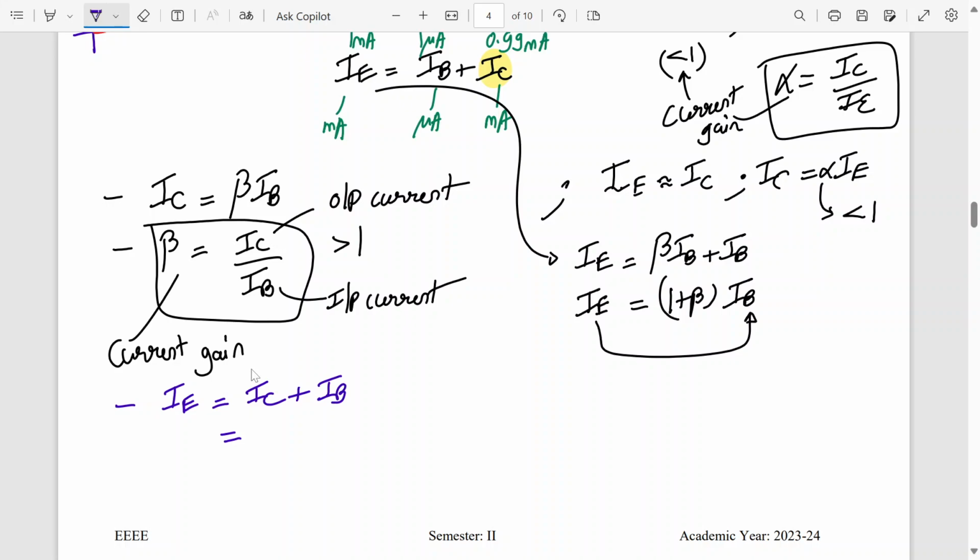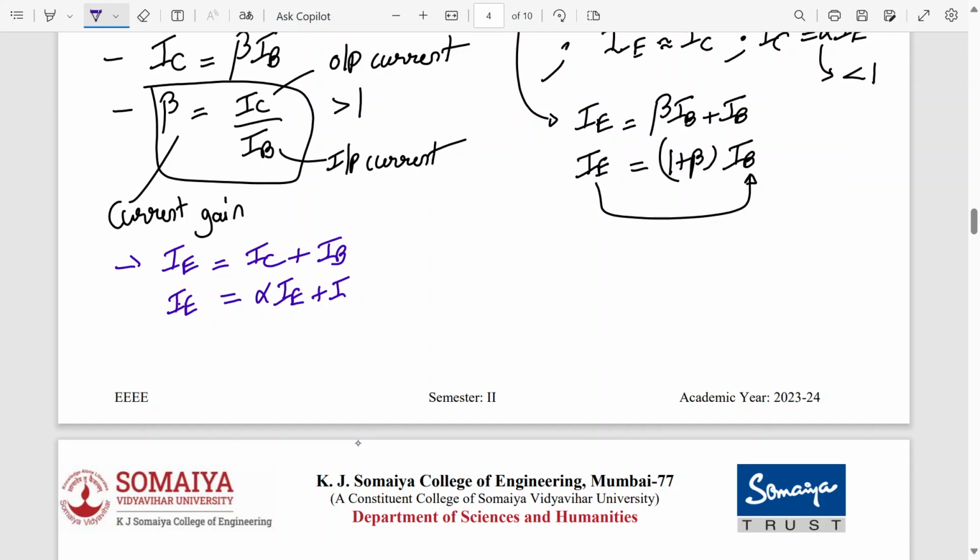IC can be written as alpha IE, so IE equals alpha IE plus IB. This can be written as follows: (1 minus alpha) into IE is equal to IB.